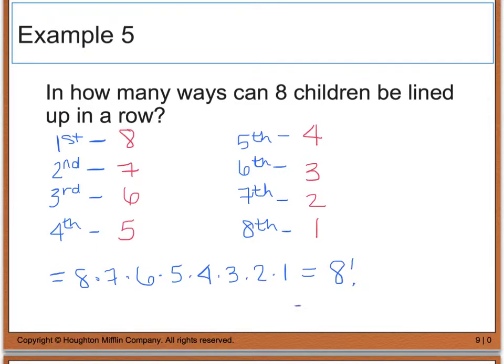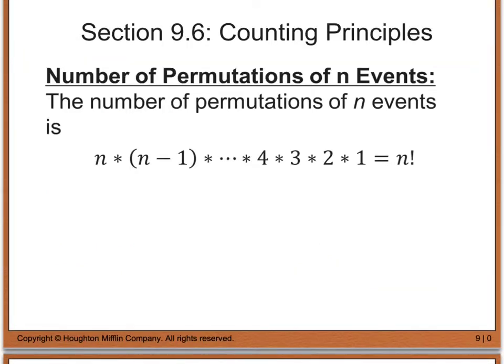An 8 factorial then is equal to 40,320 different ways that I can rearrange these 8 children. So when order matters, and we're using permutations, the number of permutations of n events can be found by taking the number of events n and making it factorial.